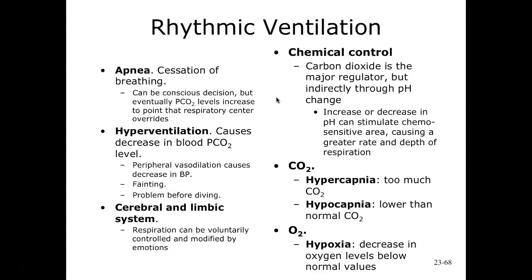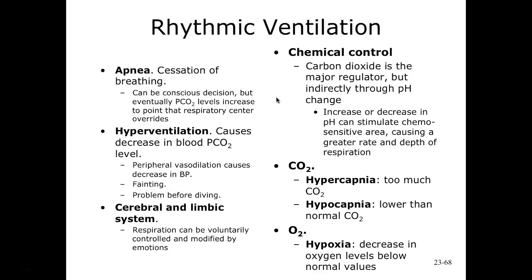Now we have our cerebral and limbic system that can affect our respiration as well. This can be voluntarily controlled and modified with our emotions. Next we have our chemical control. When I say chemical control, I'm talking about carbon dioxide and oxygen.